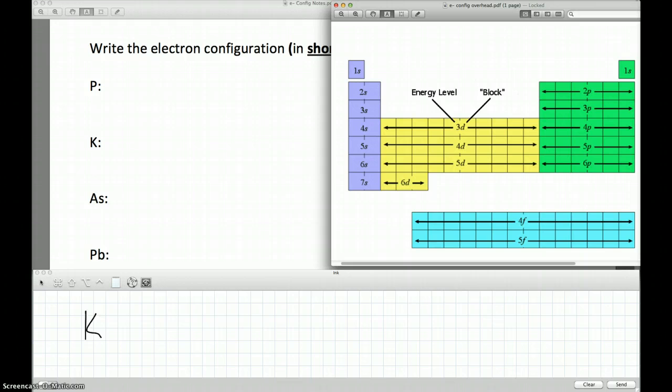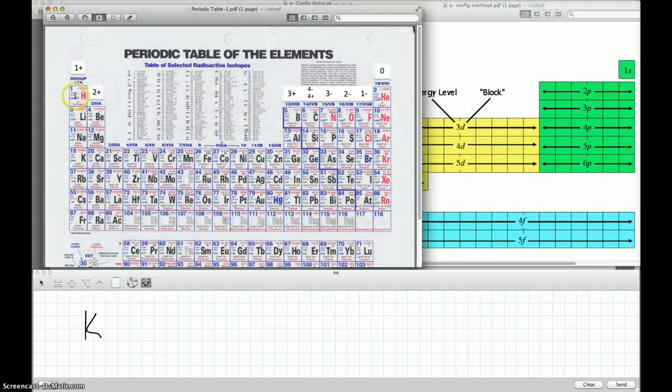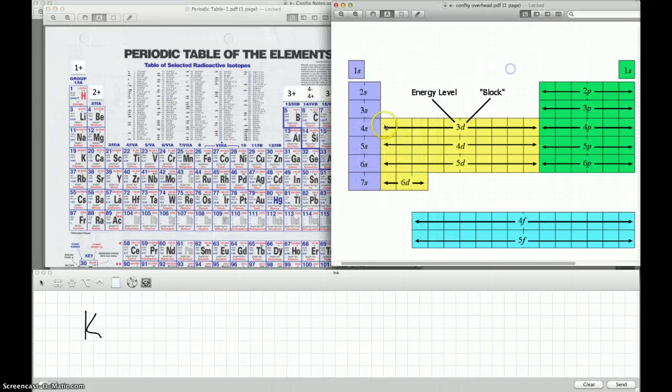I'm going to bring up the periodic table again. Potassium, fourth row down, in that first column. So fourth row, it is right here. Now, to do the shortcut, again, I go up a row all the way to the right. So I'm going to start right here.